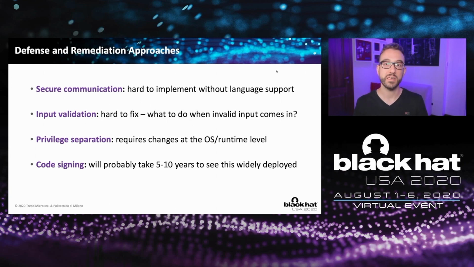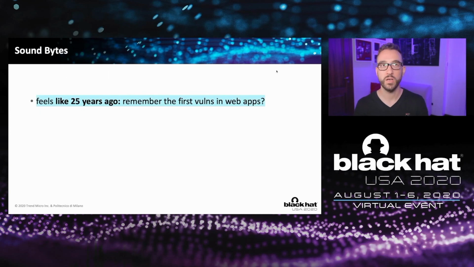Last, to mitigate the spread of malicious code, I think that in the future we will see code signing. It will probably take 5 to 10 years, I think. We'll see code signing implemented also on these platforms. To conclude, working on this project brought me back 20-25 years ago, when the first vulnerabilities in web applications started to come up, and people started to exploit them.